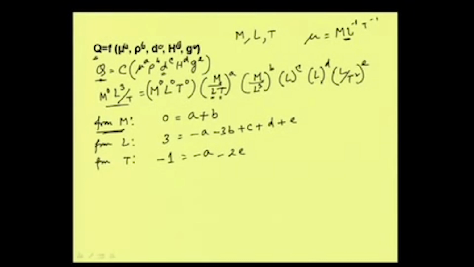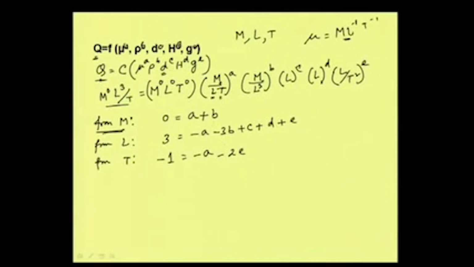But we can play with these equations. If we can express 2 quantities in terms of the other quantities, then we will be left with 3 unknowns, and then we can definitely solve for that.